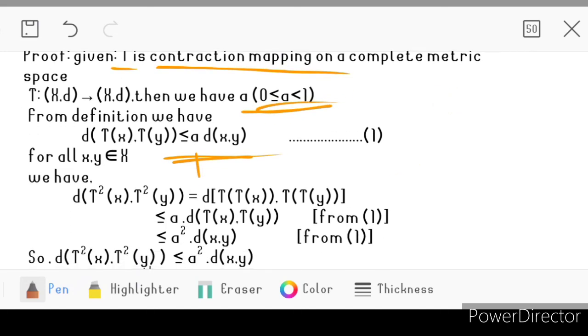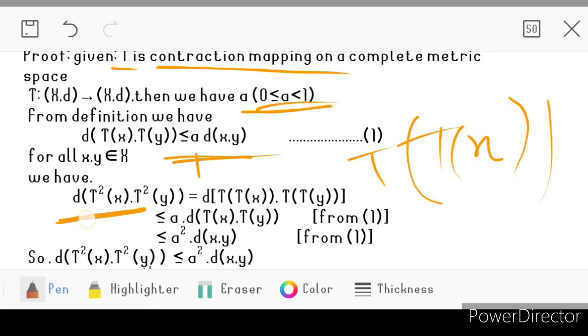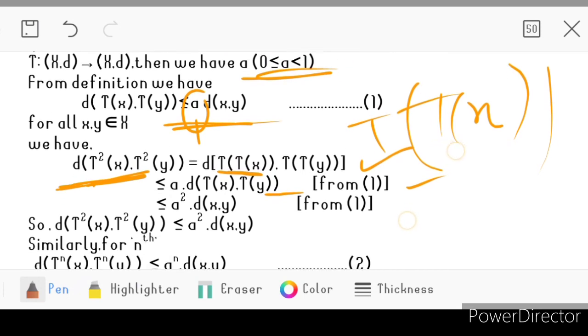Now what we are doing is we are simply applying the transformation T twice, and this will be equal to this. We can write T square as T of T of x, and from equation number 1 we can change the inequality and take one alpha out. Again, from equation number 1 we can take one alpha out and it will be alpha square.